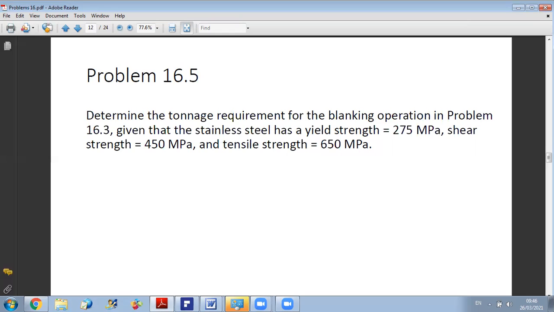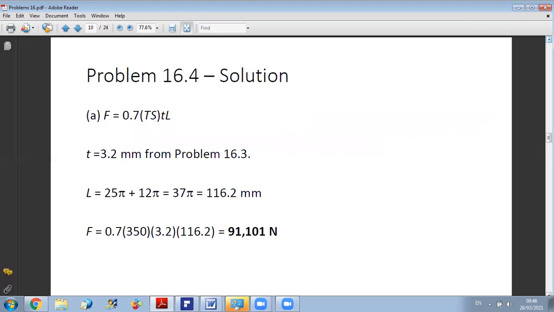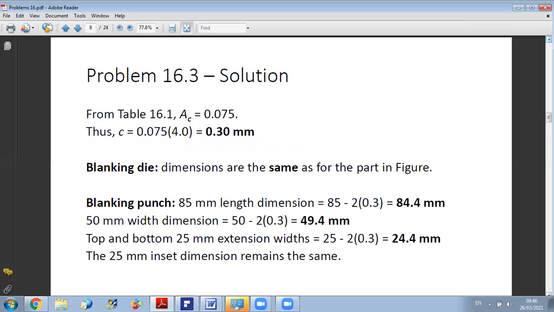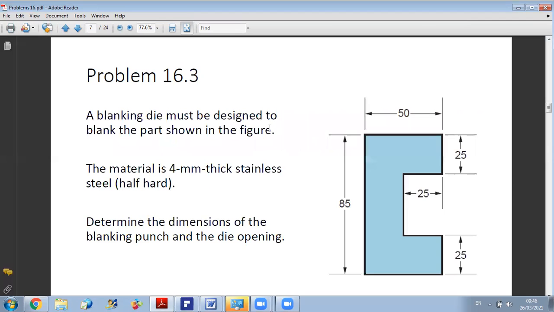So going back to problem 16.3, we are performing a blanking operation, and to determine the minimal press capacity, the minimal force to be used, we should determine the cutting length.